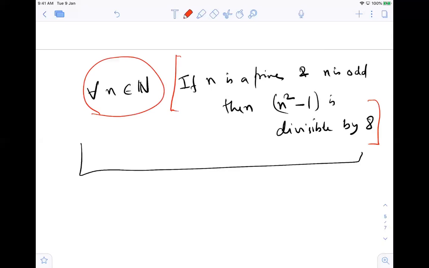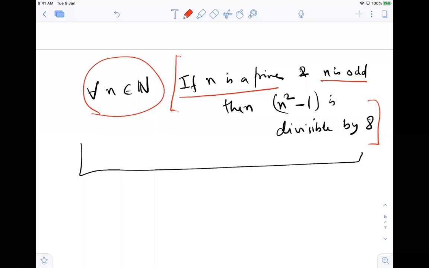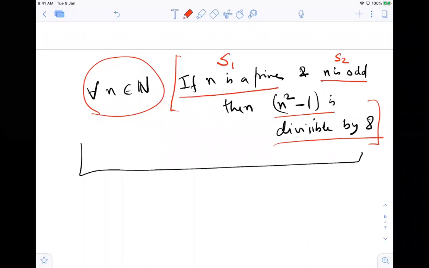And inside the predicate there are these 2 statements, and then I have another statement. So if I say this is a statement S1, this is a statement S2, and this is a statement S3, all of them have a variable n.